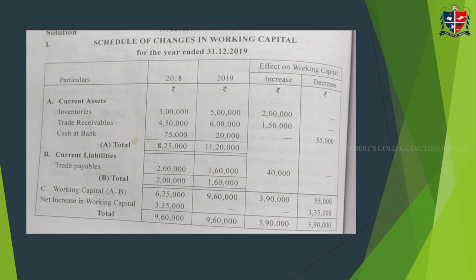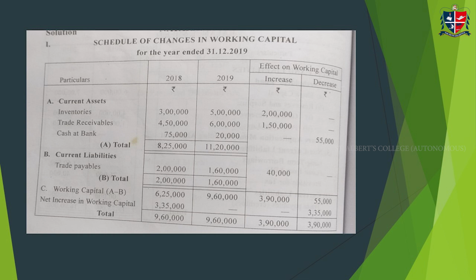And then we compare the working capital figures. In the previous year the working capital is 6,25,000 and in the current year it is 9,60,000. So there is an increase in working capital. How much increased? The difference between these two amounts is 3,35,000.